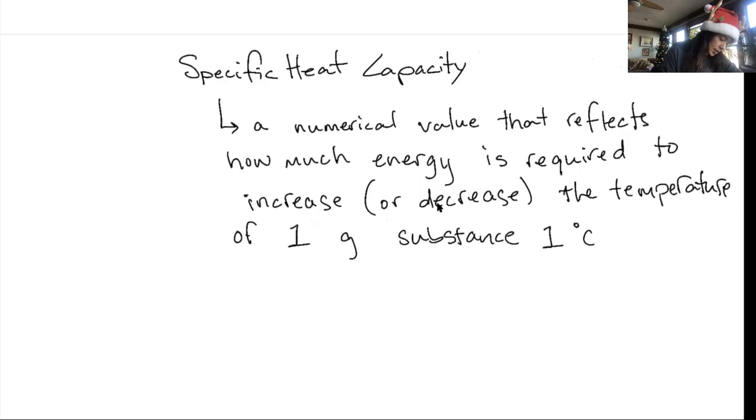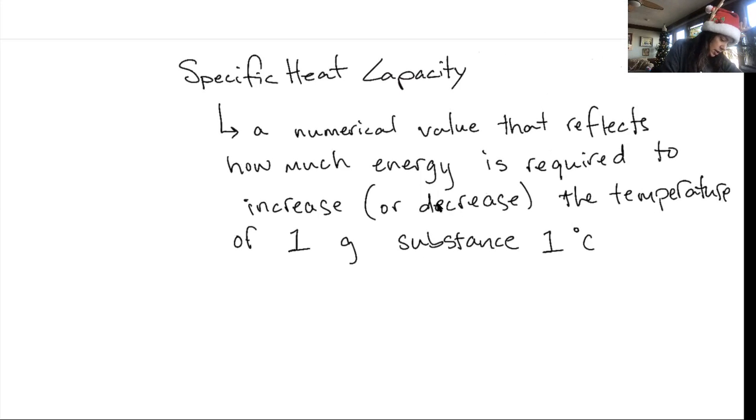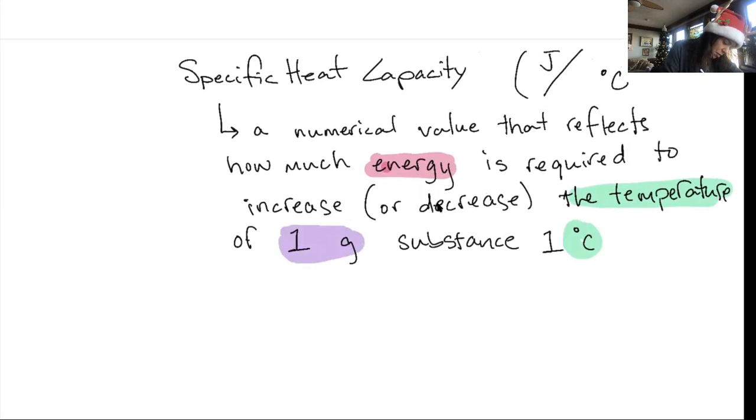So it is the energy, that is joules, needed to increase the temperature a degree Celsius, and that temperature increase or decrease will be for 1 gram of a substance.